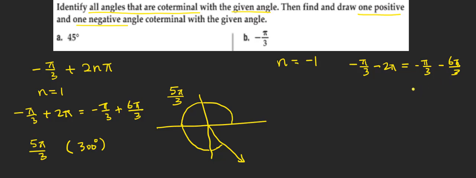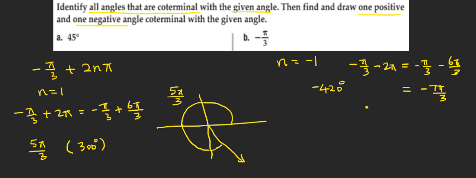And that's the same thing as negative 7 pi over 3. Now, what is negative 7 pi over 3 in degrees? That's going to be 180 divided by 3, which is 60. 60 times negative 7 is negative 420 degrees. So negative 420 degrees is the same thing as negative 7 pi over 3.